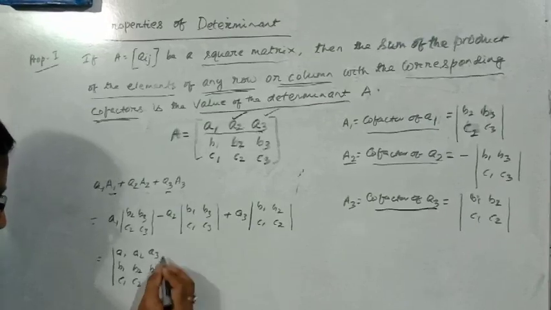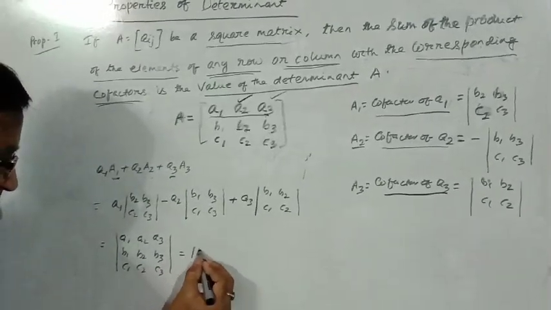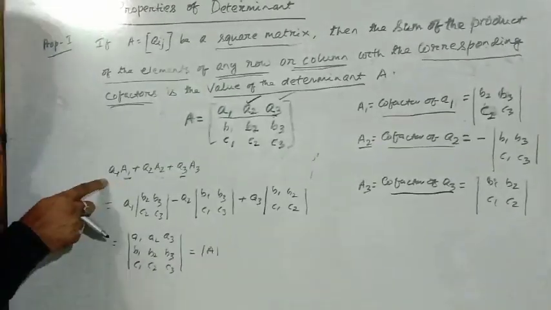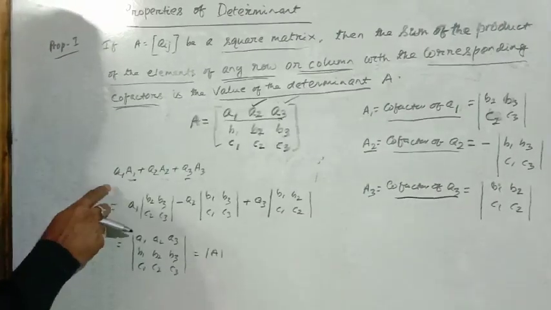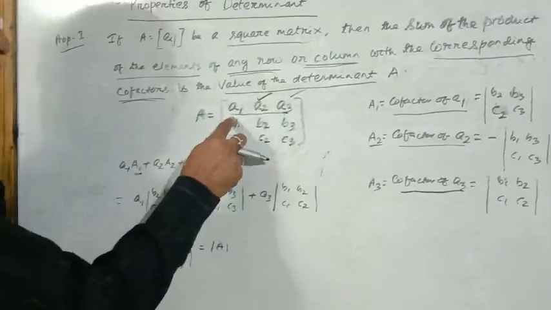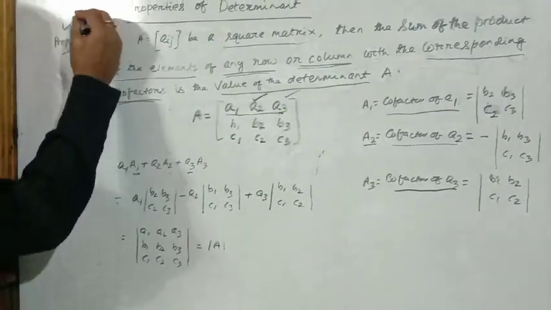This is the determinant, which is equal to our determinant A. That means here we have proved that the sum of the products of the elements of the first row multiplied with their corresponding cofactors is always the determinant. It is the first property.